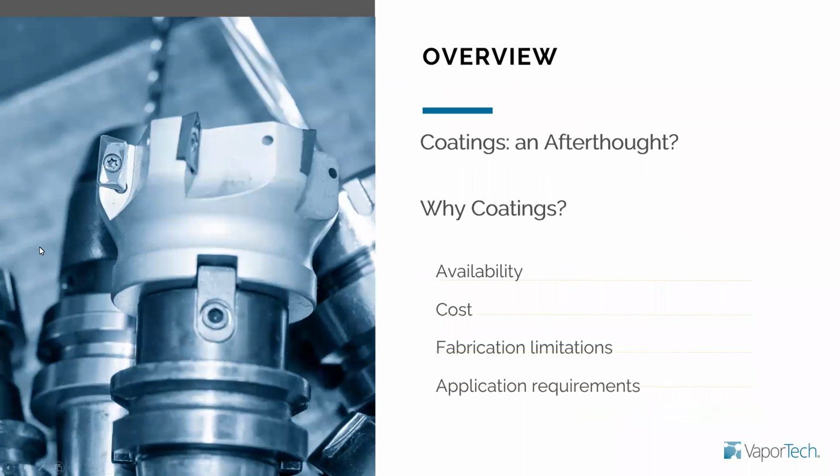So moving on, overview. One thing that comes to mind when we're talking about coatings: are coatings an afterthought? What I mean by that is, in designing a component or designing a tool, people were initially more concerned about the bulk material that was used for it.